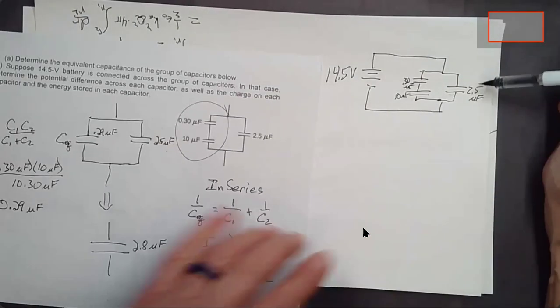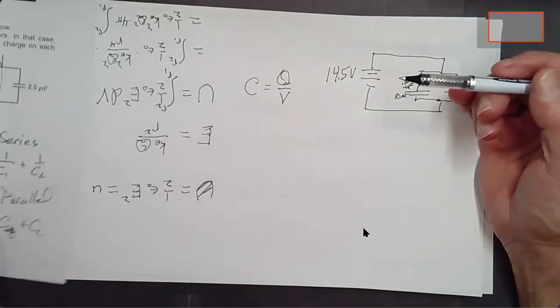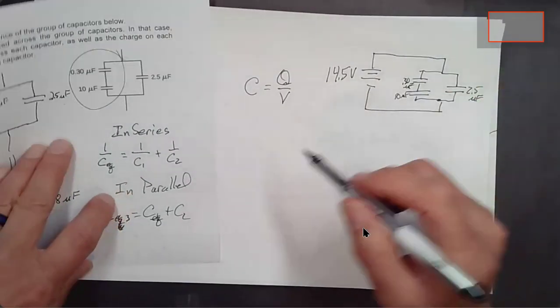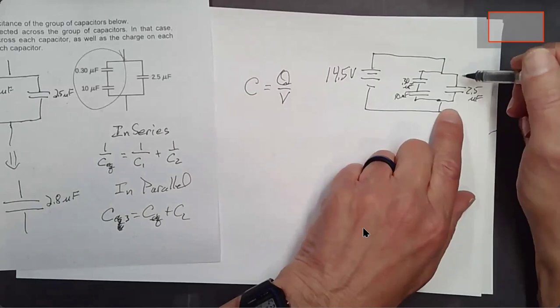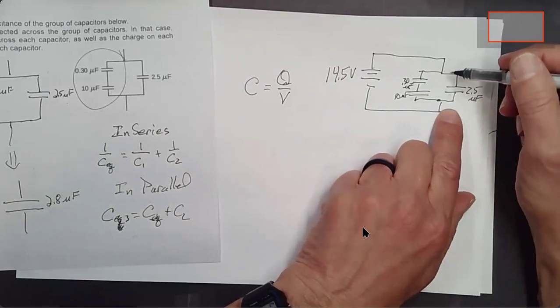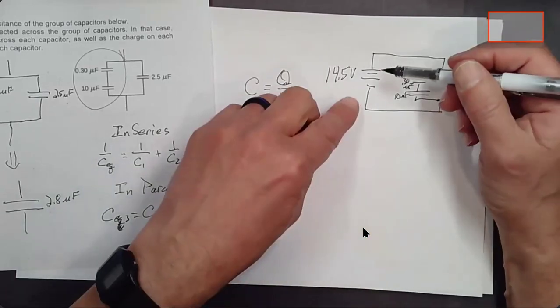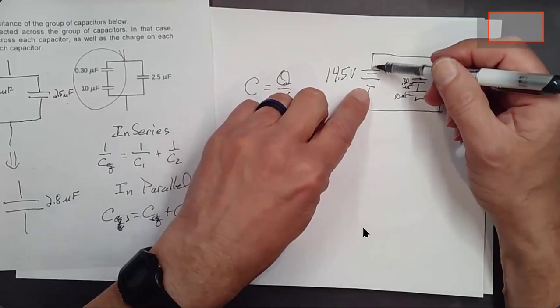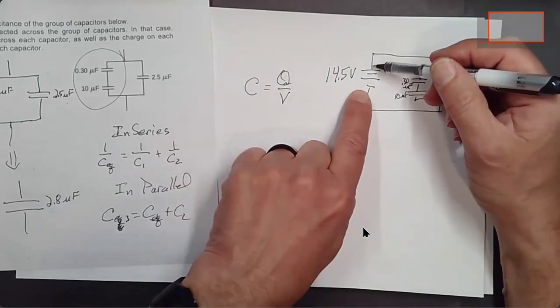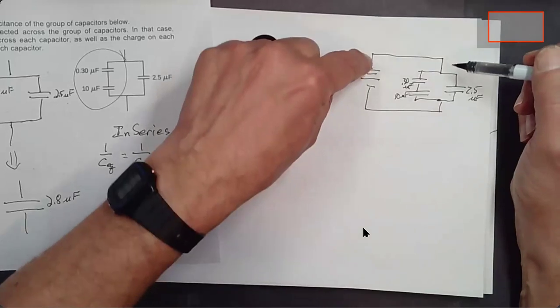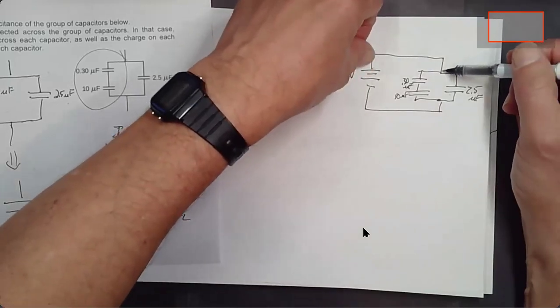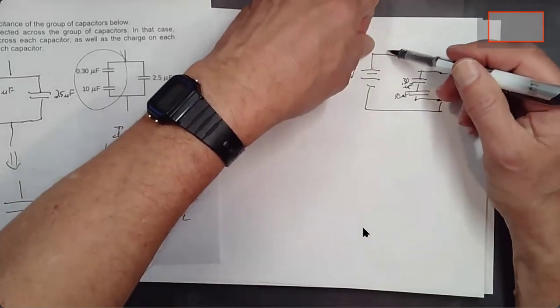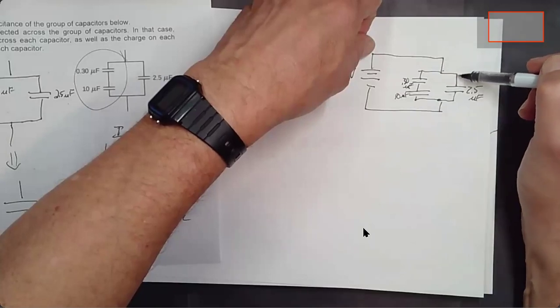Well, one of these is going to be easy. The 2.5 microfarad capacitor is going to have a 14.5 volt potential difference across it, because if you connect a voltmeter here, you get 14.5 volts. If you connect a voltmeter across here, you get 0 volts because there's no change in potential when you're going down a wire.